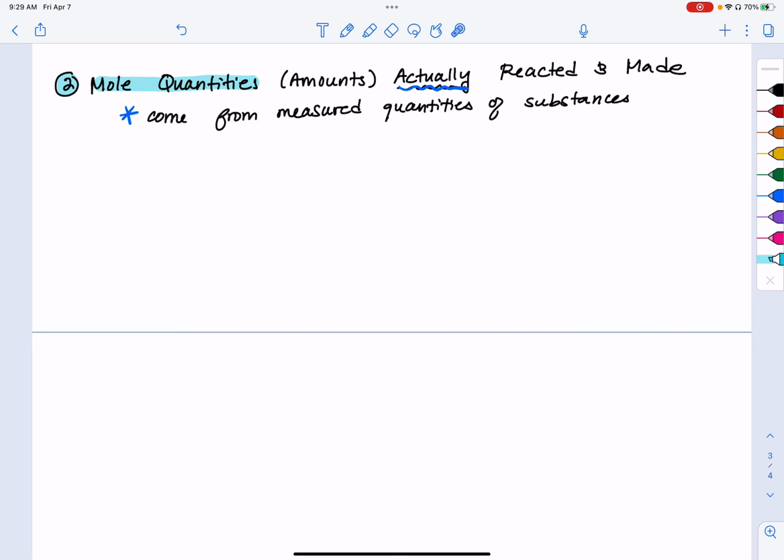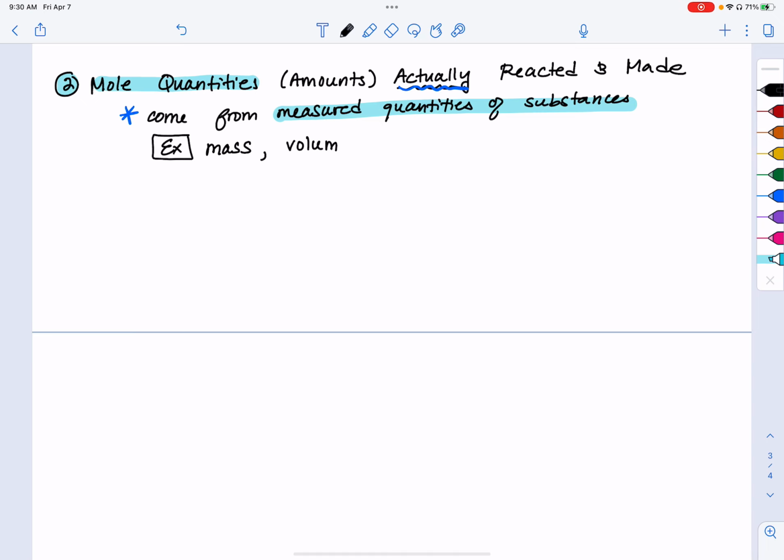In other words, these mole quantities come from measured quantities of substances. So let's think about different measurements that we could take that are quantities or amounts of substances in the lab. For example, mass. If I know the mass of sodium chloride, then I could find the moles of sodium chloride via molar mass. Same deal with volume.